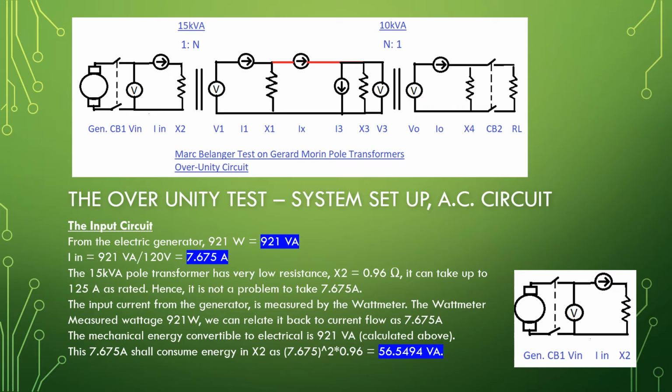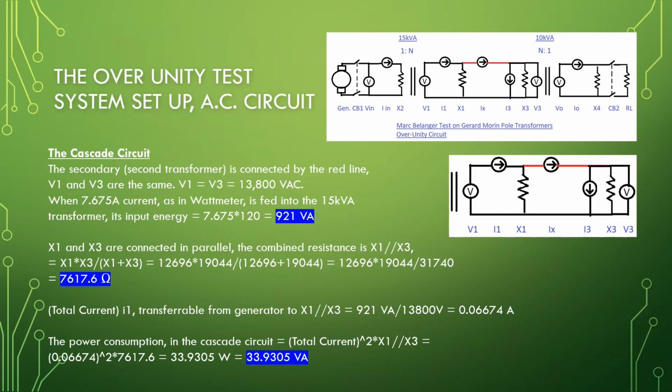These 7.675 ampere shall consume energy in X2 as 7.675 squared times 0.96 equals 56.5494 VA.